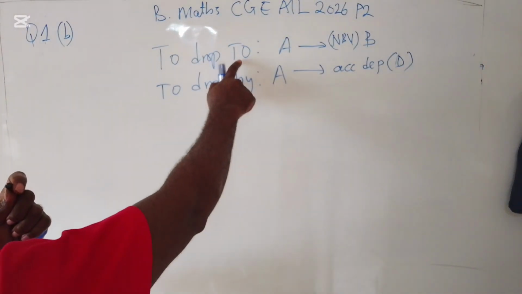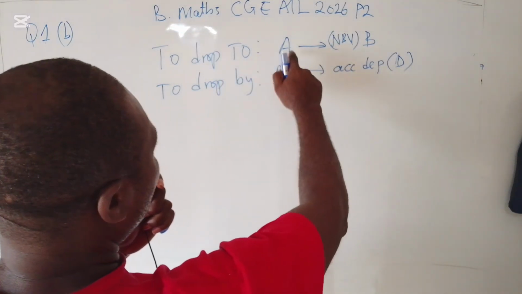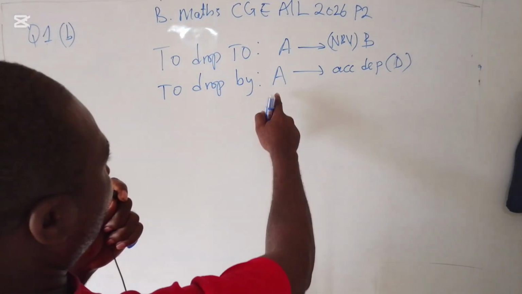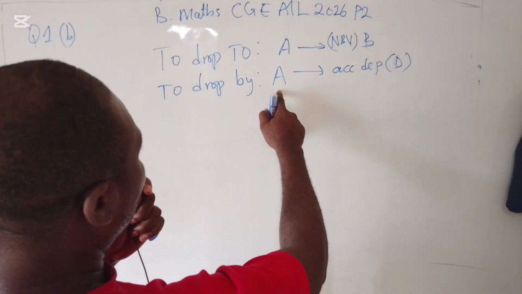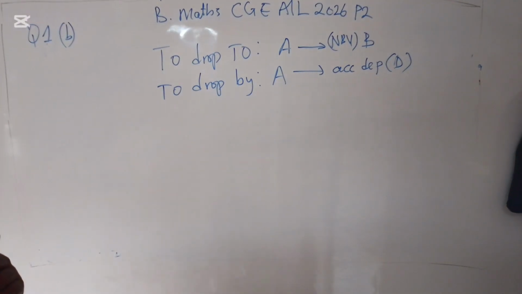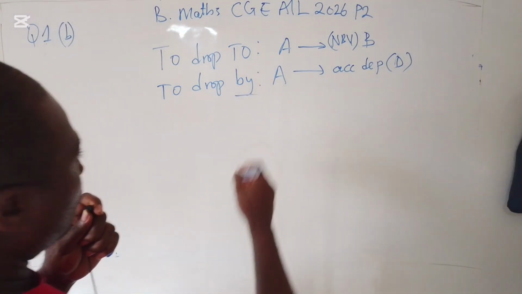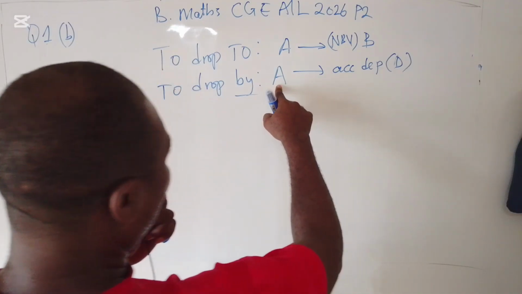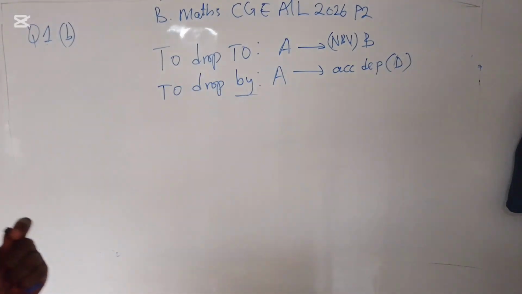So when you hear the words "drop to", the value that follows the "to" is the net book value. And when you hear "drop by", the value that follows the "by" is the accumulated depreciation. In this question, they have used the words "drop by", which means that the value that follows will be the accumulated depreciation.